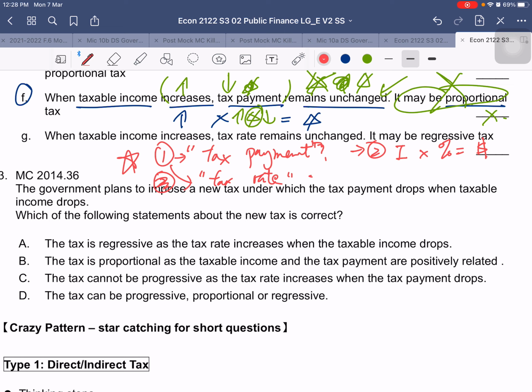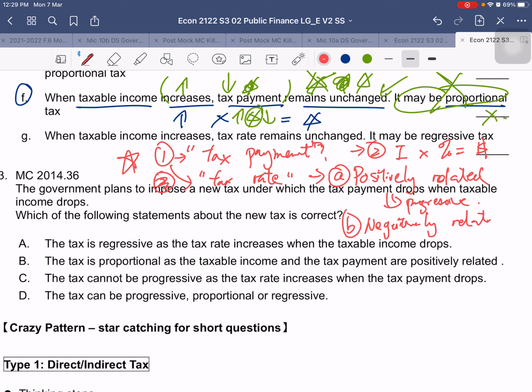Okay, simple. If talking about tax rate, first, if it is positively related, then it will be progressive tax. That's income increases, tax rate increases, right? Progressive. And if it is negatively related, that would be regressive.